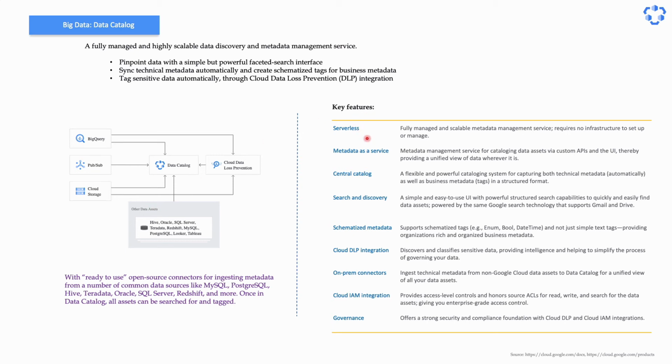Key feature, it's serverless, fully managed and scalable metadata management. So it requires no infrastructure to set up or manage. Metadata as a service. Now, this is very important. The data governance teams across all organizations have struggled to understand the metadata of the data that they are ingesting.